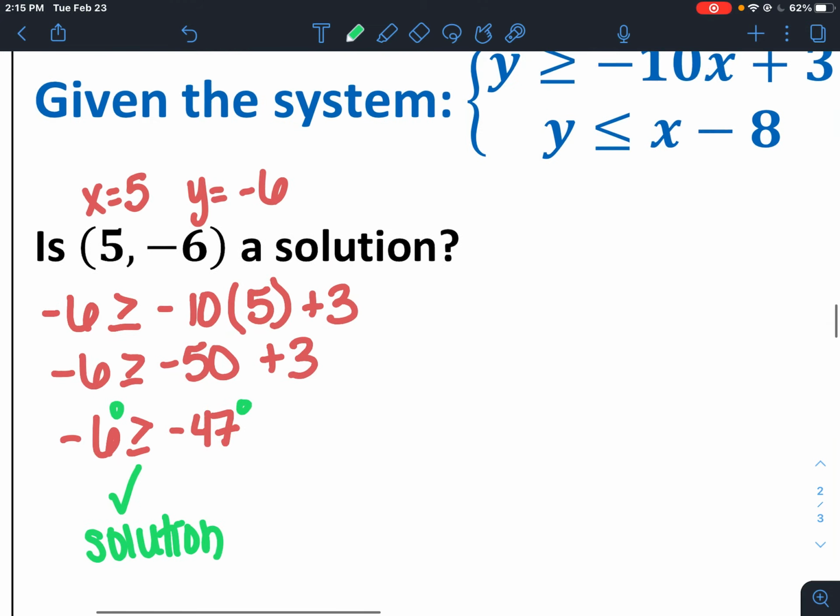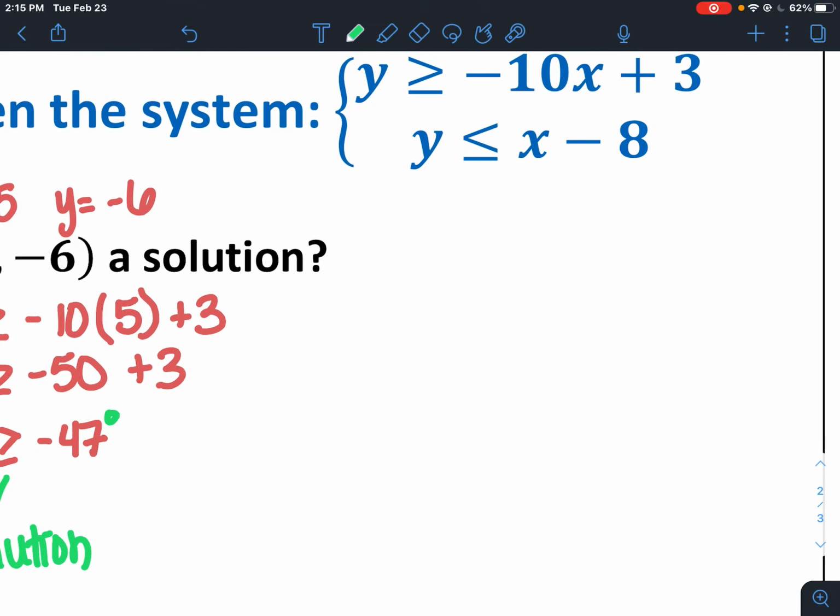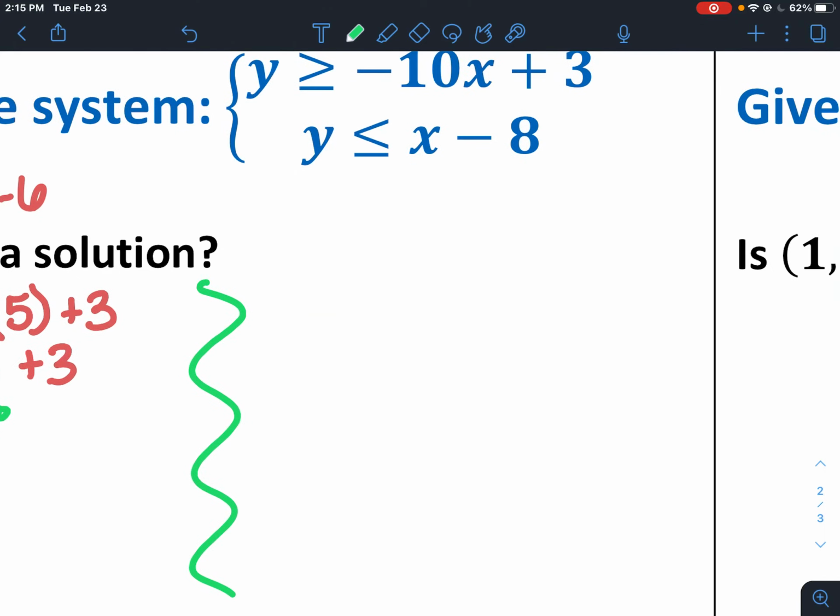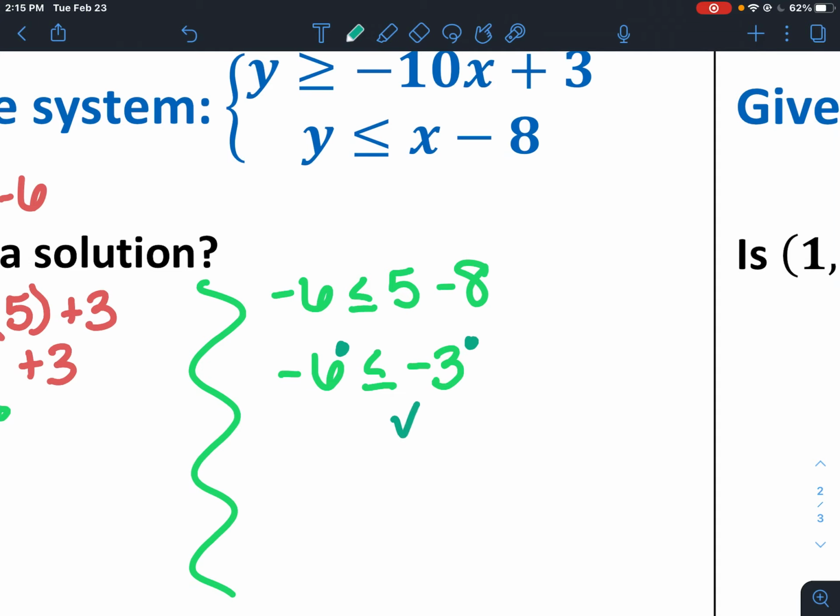Now we also have to check it in this one, y is less than or equal to x minus 8. We have to check both of them. Okay, so we'll plug in y, -6, less than or equal to x, which is 5, minus 8. So -6 less than or equal to -3. Again, since they're both negatives, I think it's a little bit easier to look at it as degrees, temperature. Is -6 degrees colder or less than -3 degrees? Yes, it is.